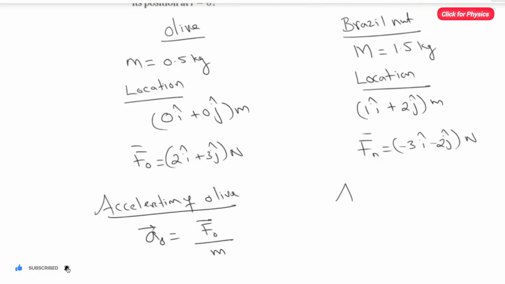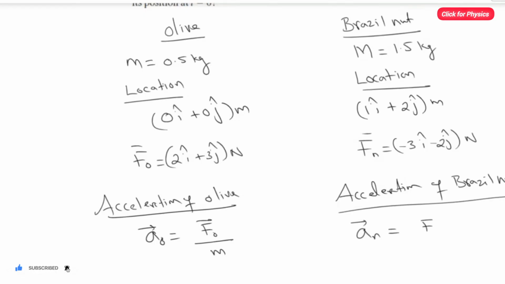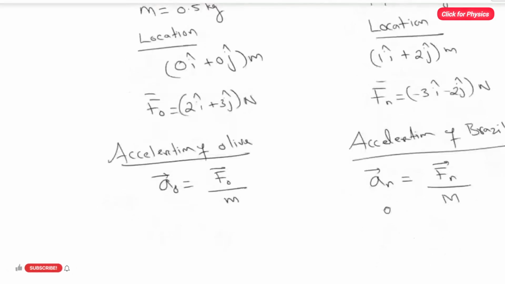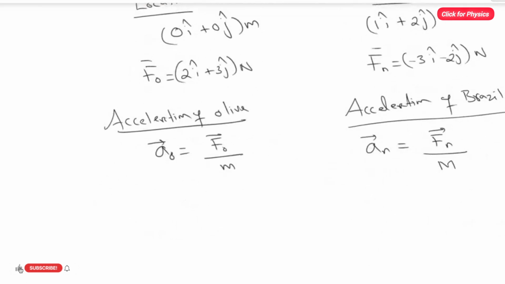Likewise, I have to find the acceleration of the Brazil nut. The acceleration of the Brazil nut, A of n vector, is equal to the force acting on the nut divided by the mass of the Brazil nut. Let's apply the values of the force here.